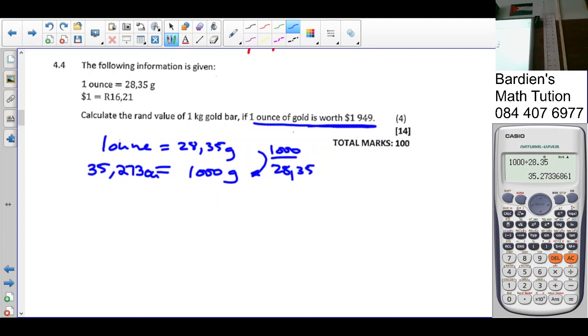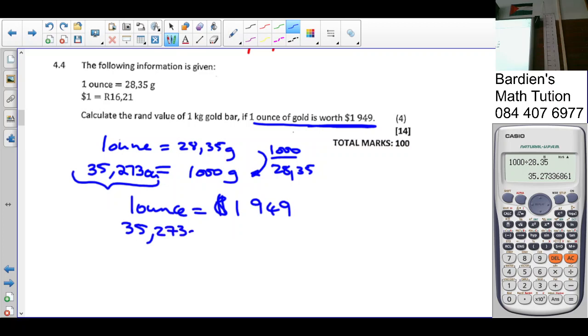Right. So in dollars, how much is that worth? So if 1 ounce is equal to $1,949, then 35,273 ounces will be equal to, how do I move from 1 to 35, multiply.